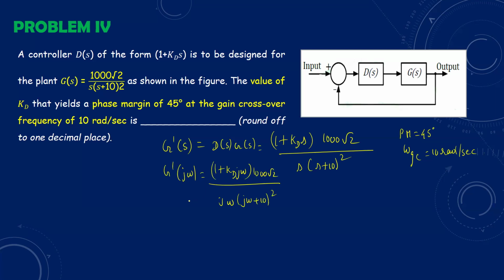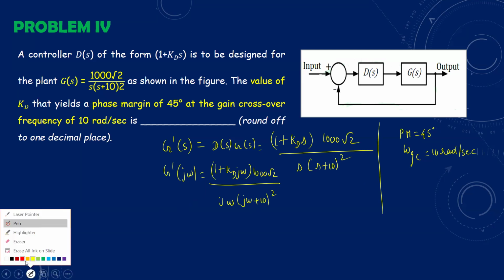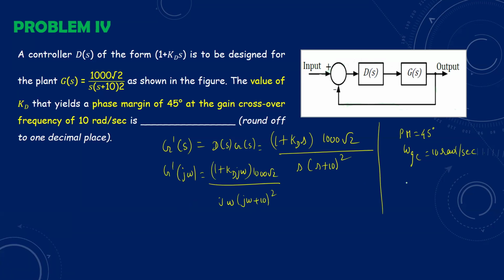Okay. Now, what is the relationship between phase margin and gain crossover frequency? So we know phase margin equal to 180 degree plus angle of G dash of j omega GC. That is phase angle at gain crossover frequency.